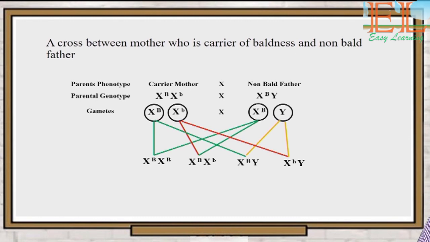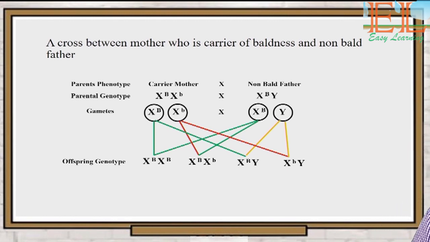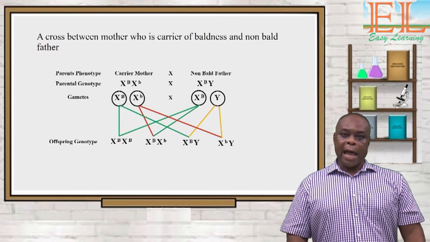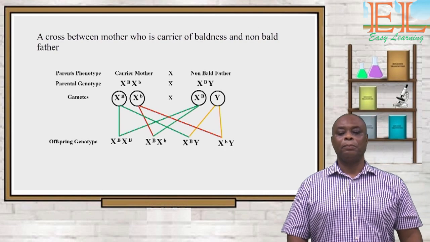Now we come to the offspring's phenotype, where the first one having X, X, and hence will be a girl, but carries two capital B's and hence will be a non-bald girl. The second being XX, which will also be a girl, but one of the X carries capital B whilst the other carries small b, leading to a female which will be non-bald but will be a carrier of baldness.